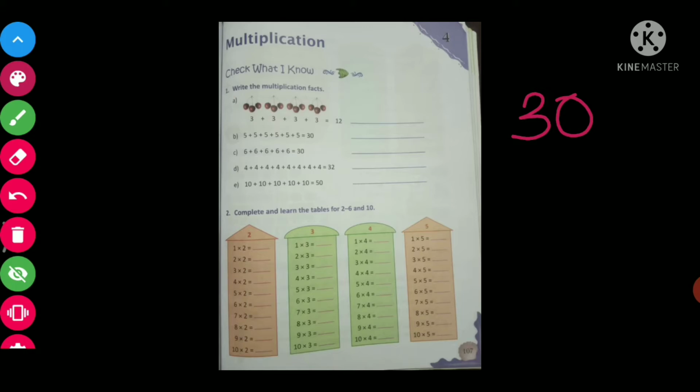Suppose this one is the student, so each student you want to distribute 3 chocolates. Now how many chocolates must you have in order to distribute to all these 30 students? How will you find this?